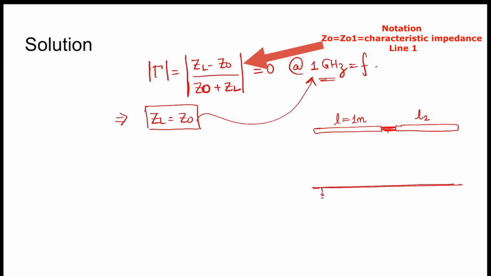Now it is grounded, and here is the 50 ohm resistance, and it is open circuited.